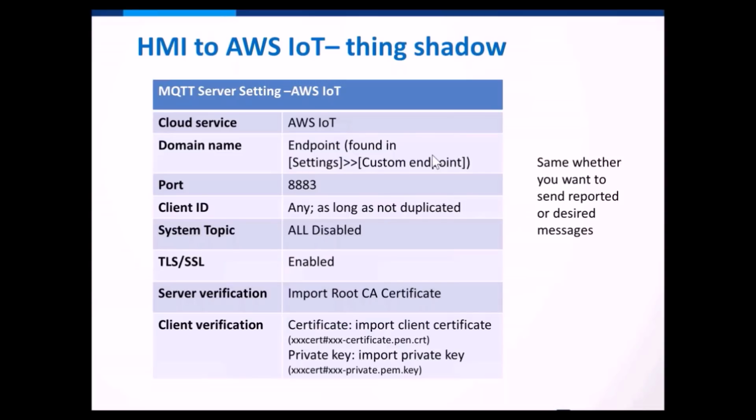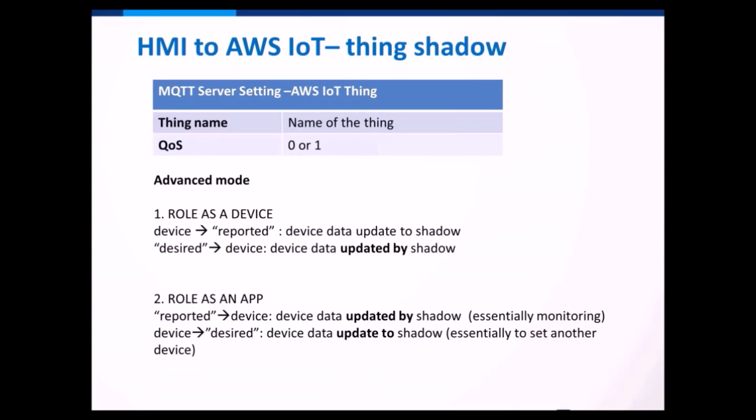Domain name, the port, client ID, system topics, or all the certificate imports are exactly the same, regardless of whether you want to send reported data or you want to send desired messages. Okay, they're the same. However, when you choose the AWS IoT, there won't be any options for sending topics because the topics are irrelevant now.